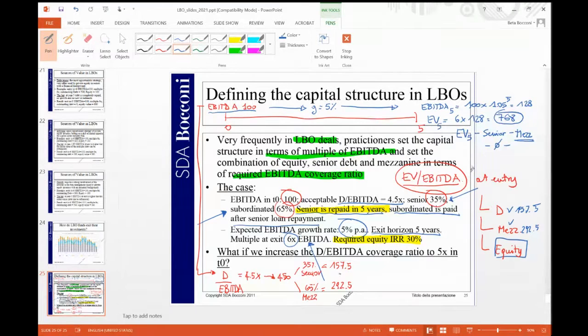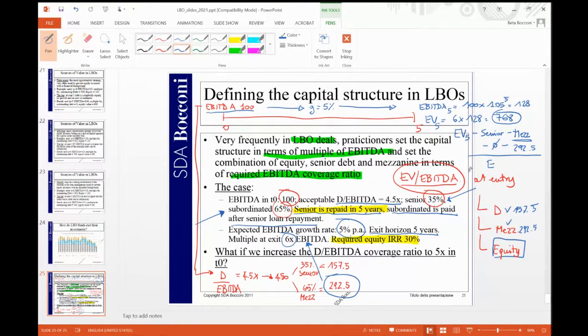And we know that the mezz is still 292.5. So the equity value in T5 will be the difference between 768 and 292.5, or, in this case, if I made correctly my calculations, 475.5.